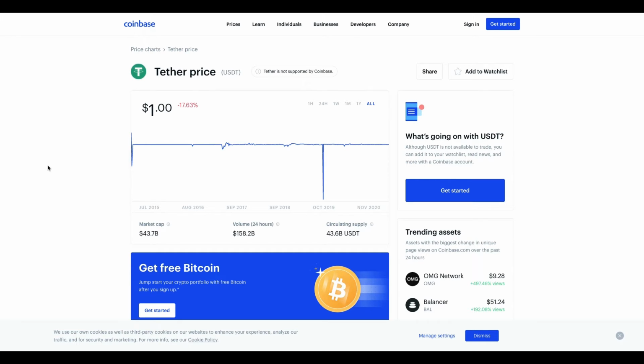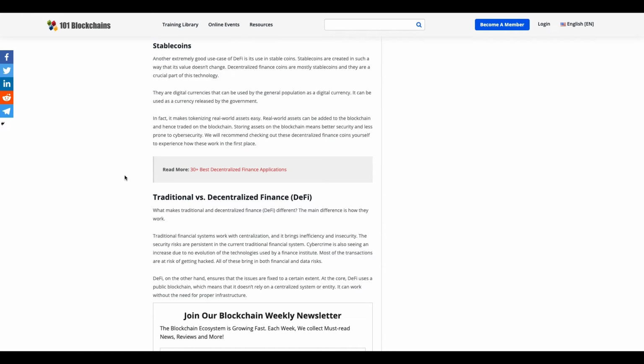So the balance of 10K won't fluctuate. It won't go up or down. It will stay the same. So that's one use case of stablecoins. And I'll demonstrate how useful stablecoins are later on when it comes to DeFi.